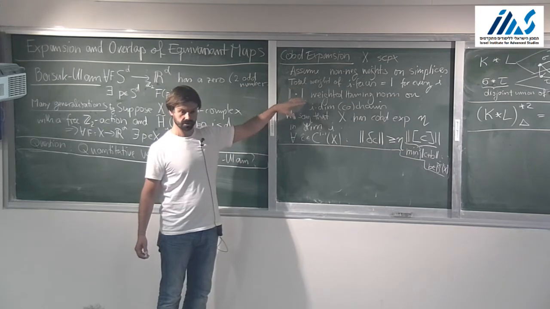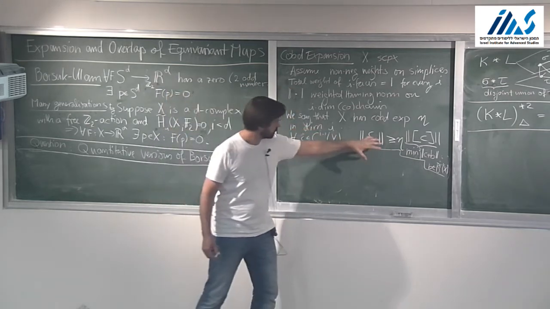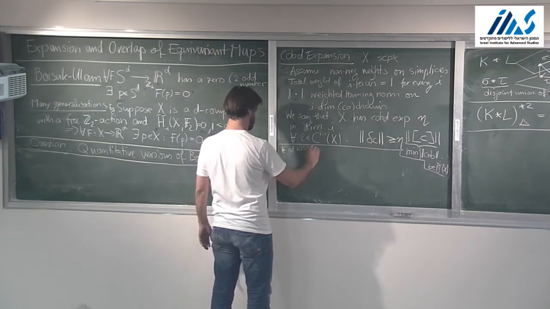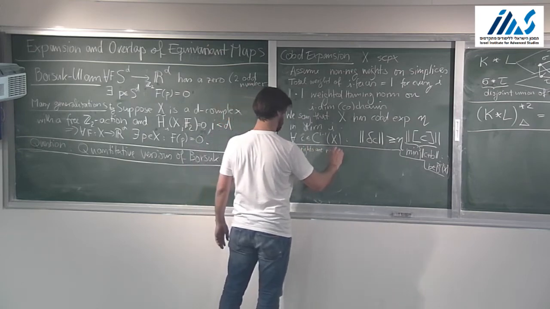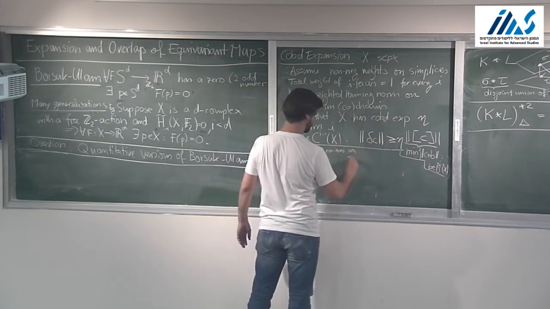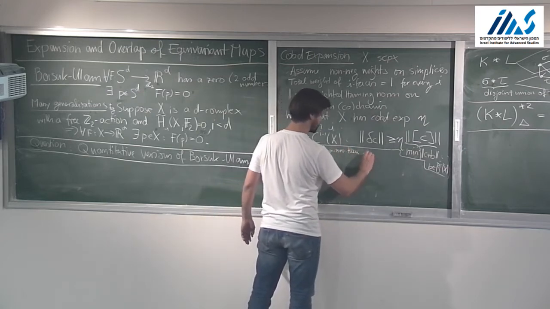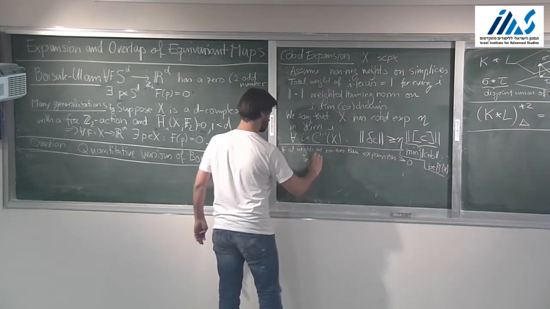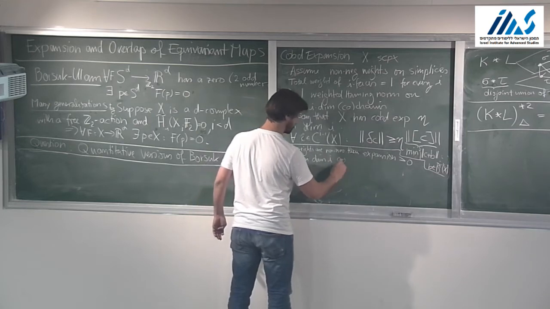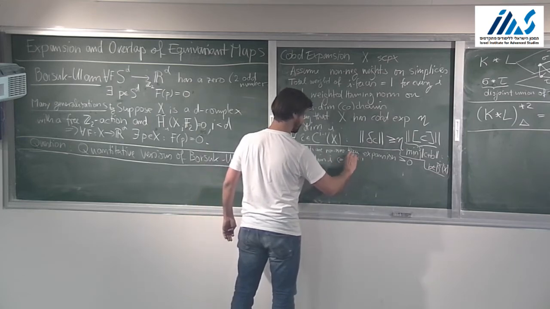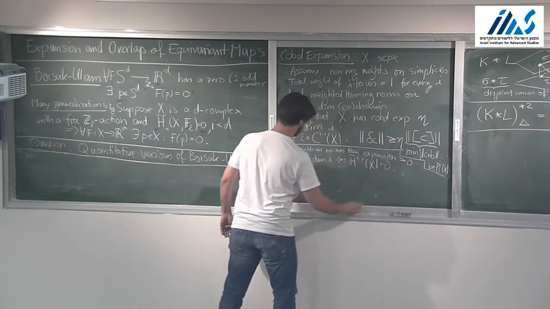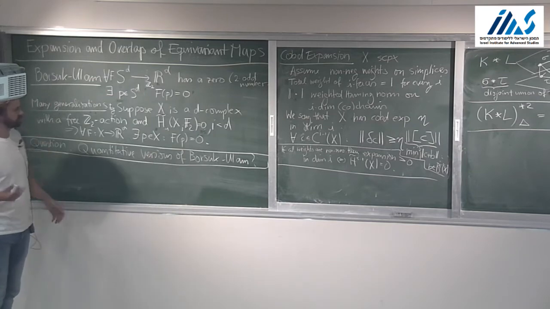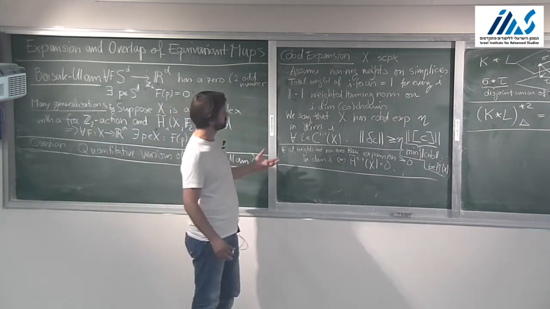For instance, if all the weights are non-zero, then expansion greater than 0 in dimension i is equivalent to H^(i-1) of X being equal to 0. But it's a more quantitative version, just like graph expansion or one-dimensional expansion is a more quantitative version of connectivity.